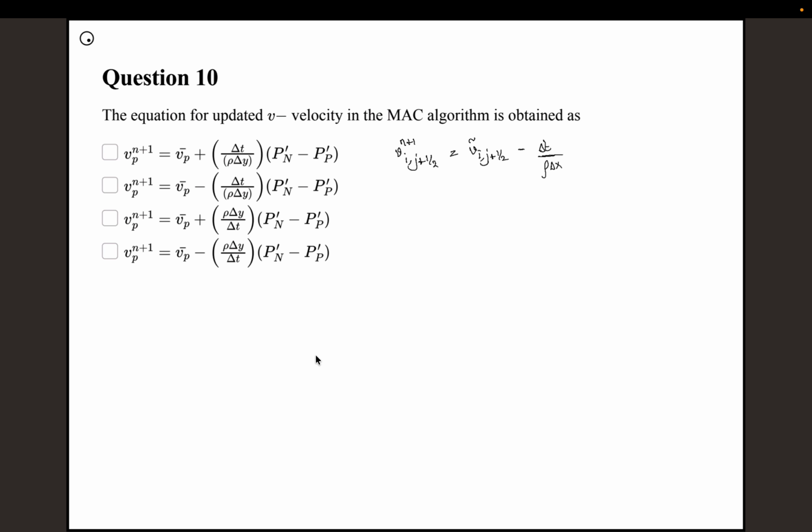I don't think we have a delta x here. This is along the y direction, so this is delta y.